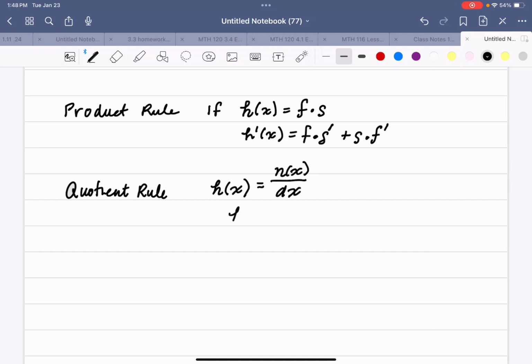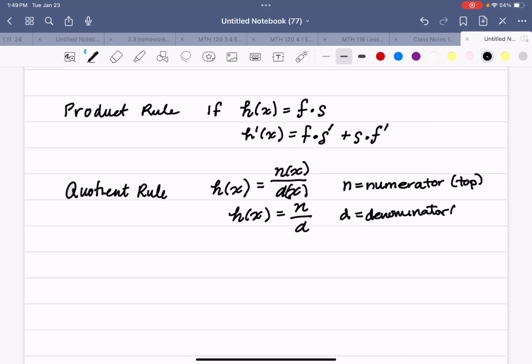And I'm just going to shorten that to h of x is n over d. And n stands for numerator, that's the top of the fraction, and d stands for denominator, that's the bottom of the fraction.